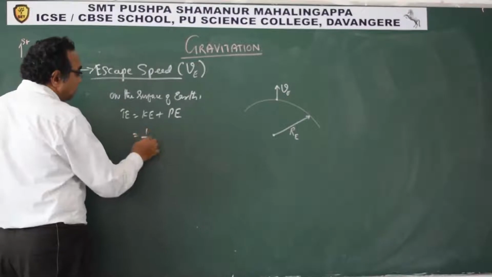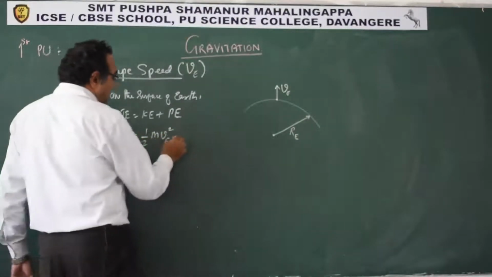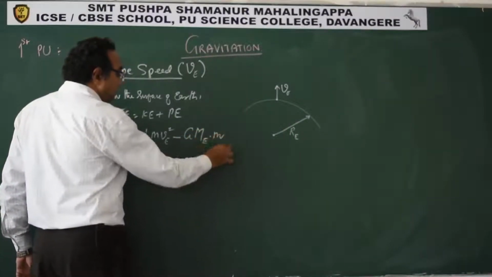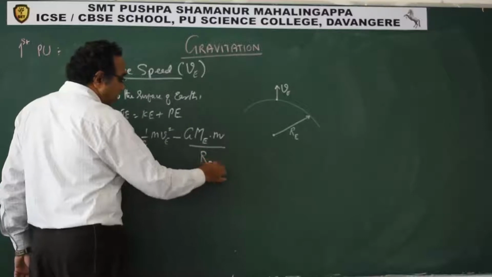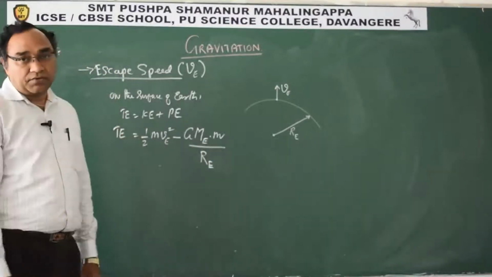So that is equal to half m VE squared minus G M_e m upon R_e. This is what we get as the total energy on the surface of Earth.